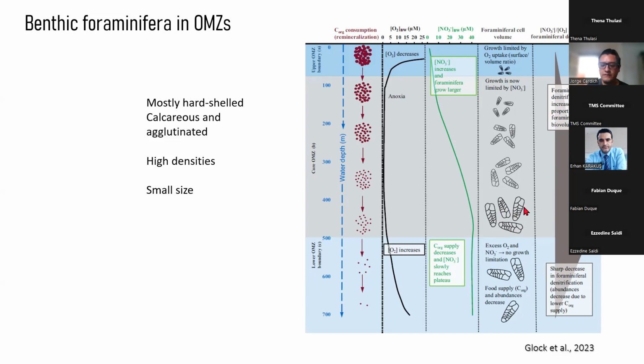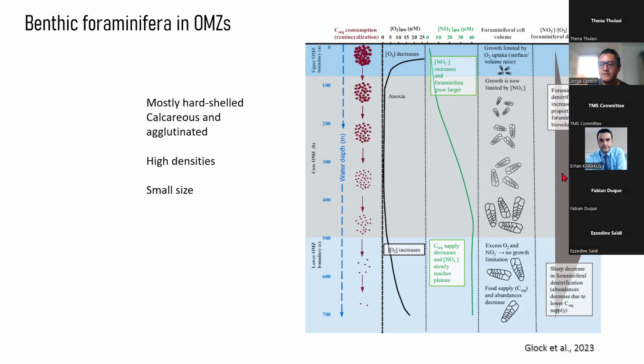And it is associated with the potential of the nitrification of this foraminifera. In the upper limit, the nitrification is low, but because foraminifera are growing in size, these rates increase with the increasing size of the body.